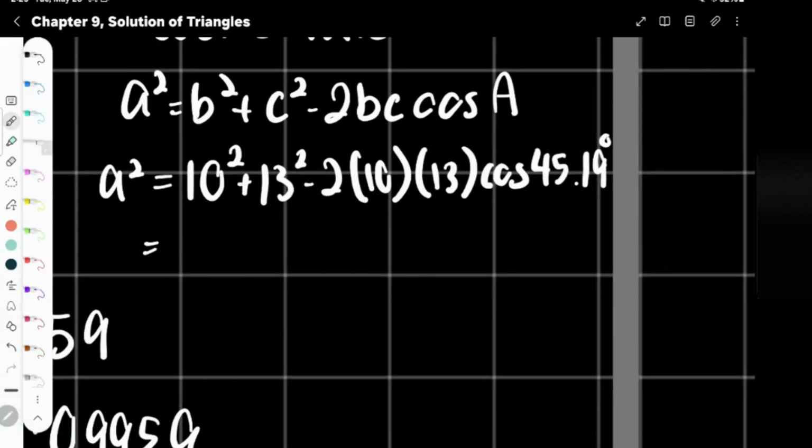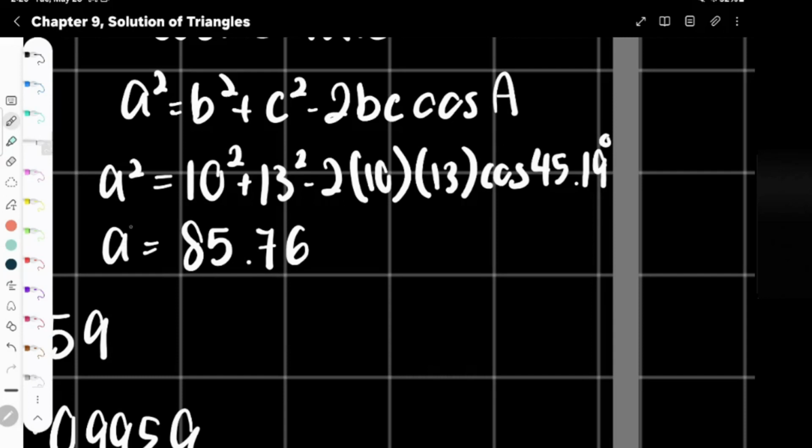And then you use your calculator. 10 squared plus 13 squared minus 2 times 10 times 13 times cos 45.19. Let's check whether I'm correct. Yep, it should be 85.76.